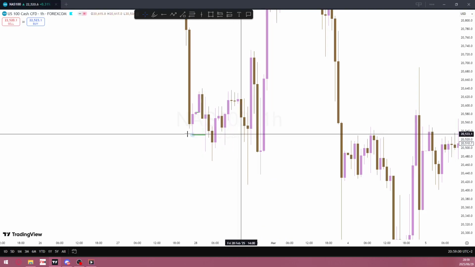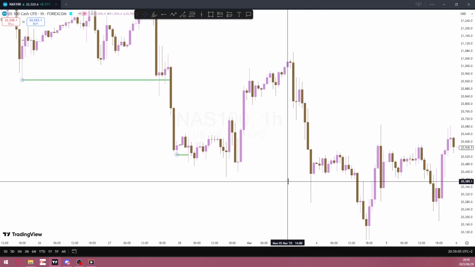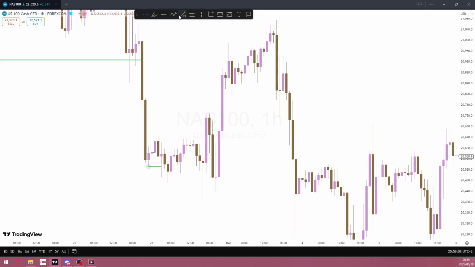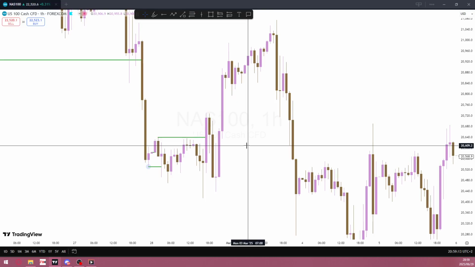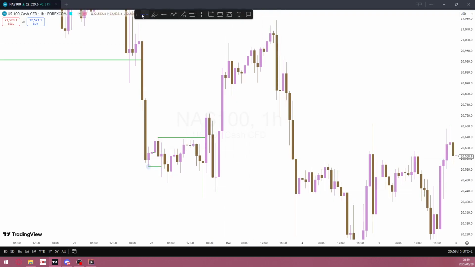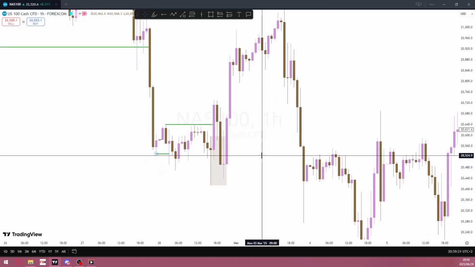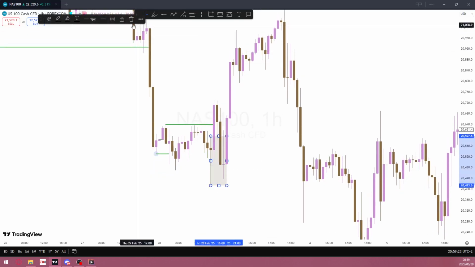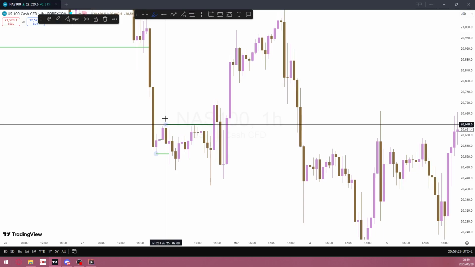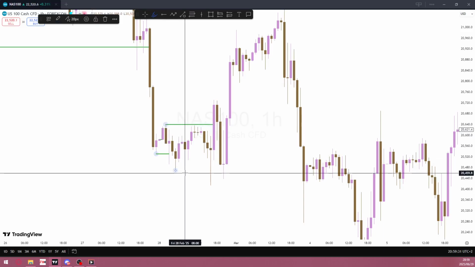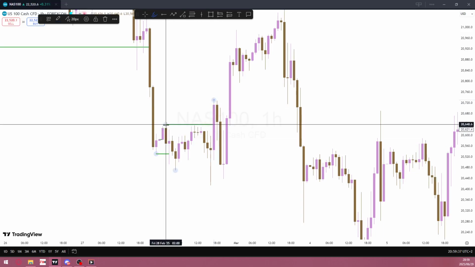Okay, the low gets taken out, and from here, this would be a prime example of a redistribution. We have a break of this high. A lot of people would start going bullish, and you could go bullish. Technically, you could have gone bullish at this level right here, because we had the low, the lower low, then the higher low, then the lower low, then this break of that lower high, so that's technically a bullish break.